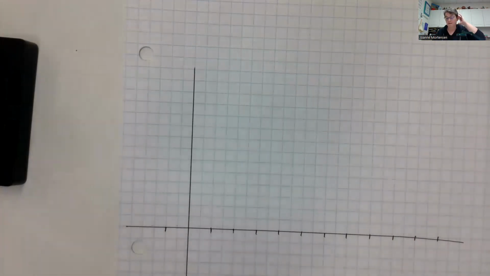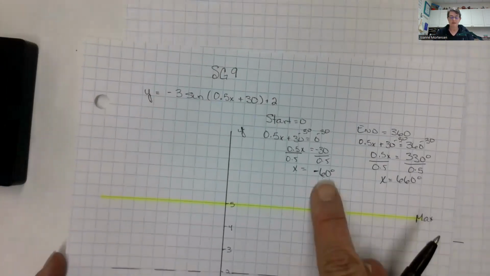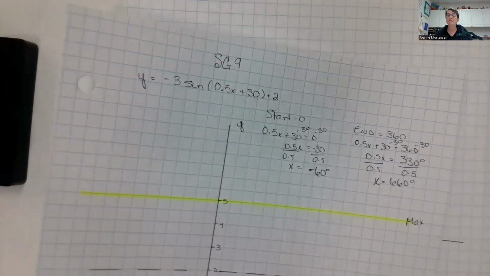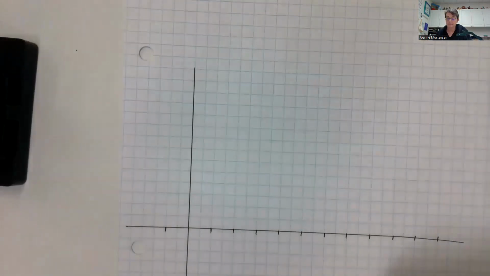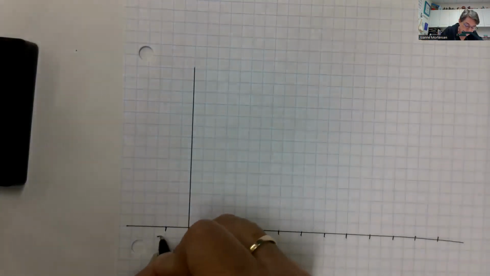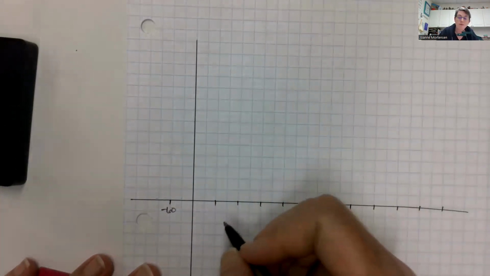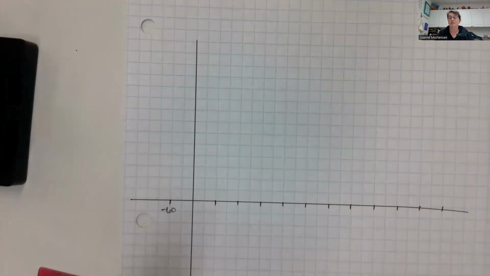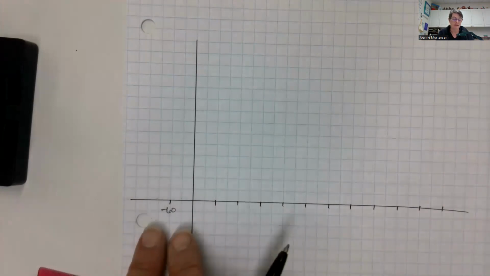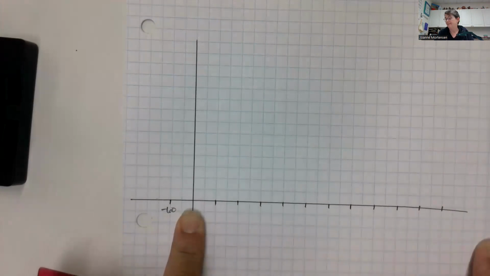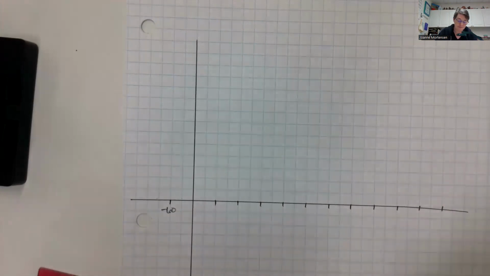And I say that because 60 goes into there 11 times, so I know I need 11 spaces. And it fit. Minus 60. And you have to make those spaces the same size all the time. You can't just decide that this side's going to be 2, and then I'm going to make it 1 box to make it all fit on the side. That's why I had to start over.